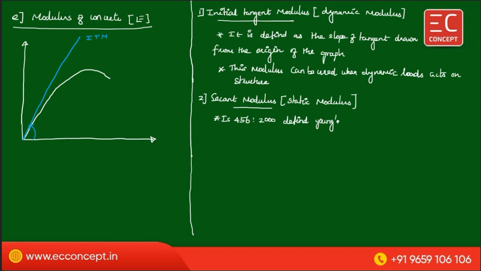This is the important examination question: IS 456 defined the Young's modulus based on the secant modulus, not tangent modulus, not initial tangent modulus. So only it is based on the secant modulus. Understood?